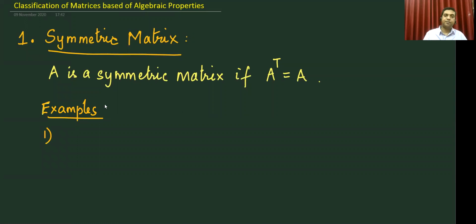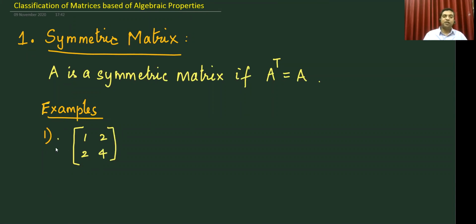Examples. The first one. This necessarily means it should be a square matrix. Otherwise, you cannot, because if you transpose, m by n becomes n by m. So you get 1, 2, 2, 4.